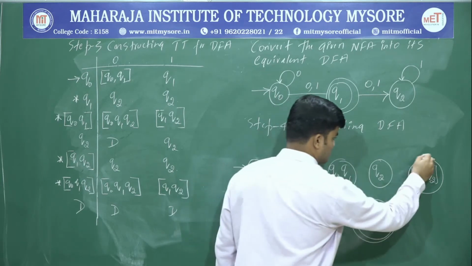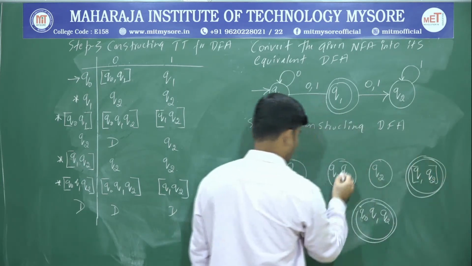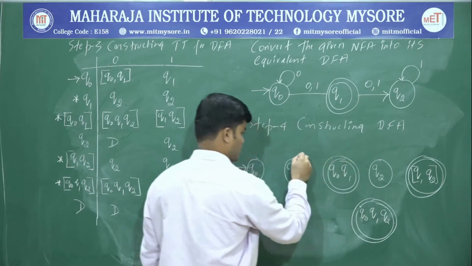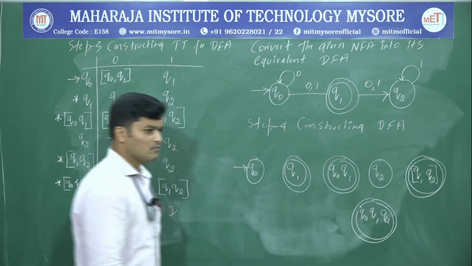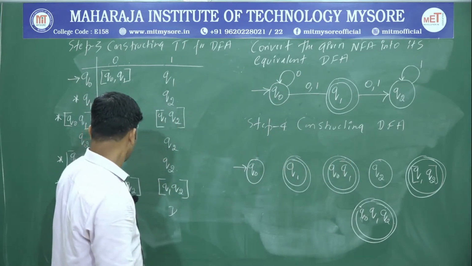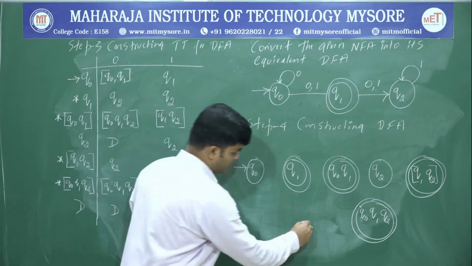For an accepting state, just draw a double circle. If you want, you can even write the dead state.